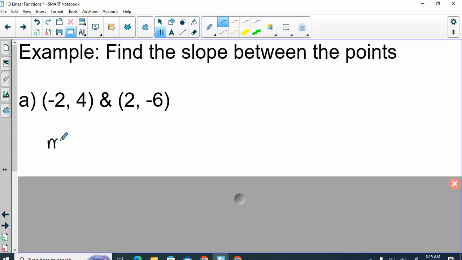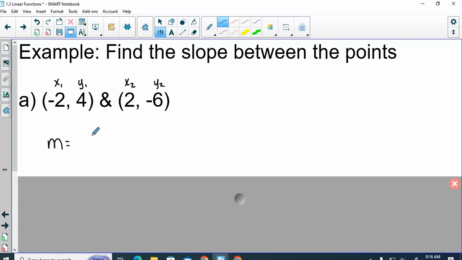we said slope is change in y over change in x. So this is like our x sub 1 and our y sub 1, x sub 2 and y sub 2.